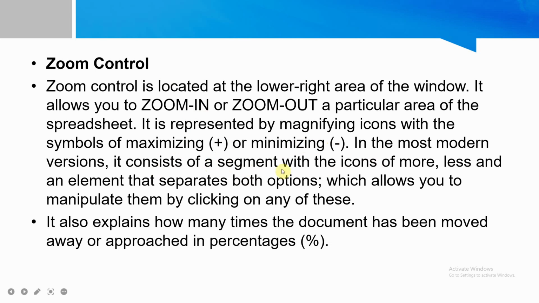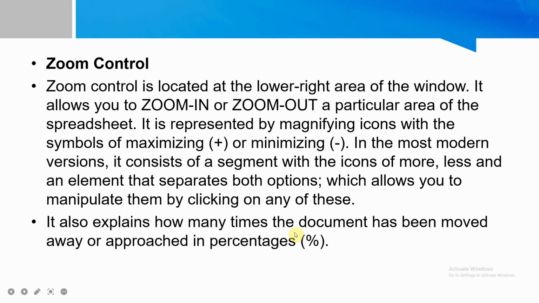Most modern versions consist of a segment of icons with an element that separates both options, which allows you to manipulate by clicking on any of these. In other versions, you have a default, for example a drop down, with 100% as the default. You click on the drop down, and there's 50%, 75%, 200%. Once you click on a number, the zoom is applied automatically.